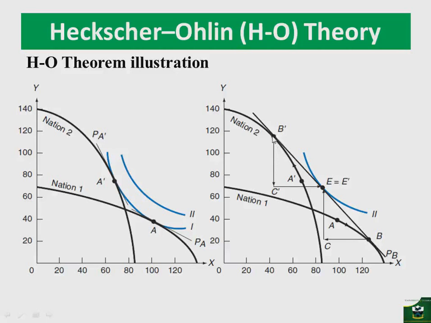So Nation 1 will export this amount of X and import this amount of Y, while Nation 2 will export this amount of Y and import this amount of X, and both nations will consume at point E, which is equal to E prime. And this is the international consumption level, and you should note that this trading triangle is equal to this trading triangle here, because the export of one nation equals the import of the other nation.